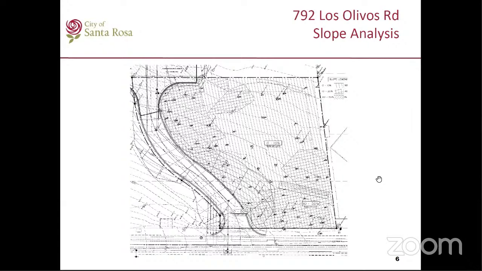Most of the house will be placed on an area with slopes less than 10%. A driveway and some portion will be placed on the slopes between 10 to 25%. The slopes higher than 25% are along Los Olivos Road and some at the existing private driveway, but no portion of the building will be placed on the slopes that are greater than 25%.